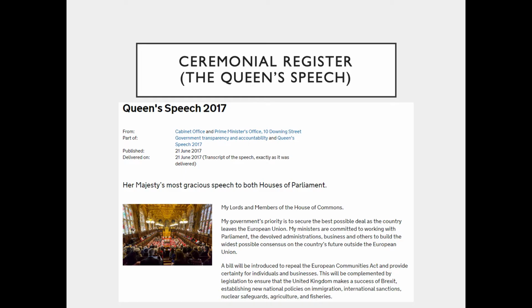So that again is a special type of register that's used in a ceremony, and it's something that we are very familiar with.